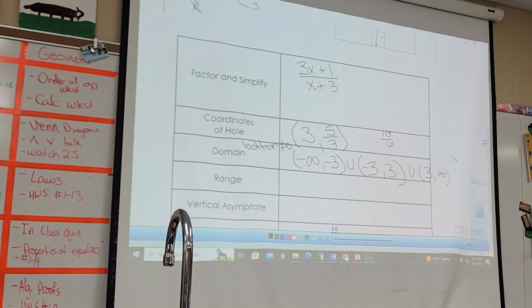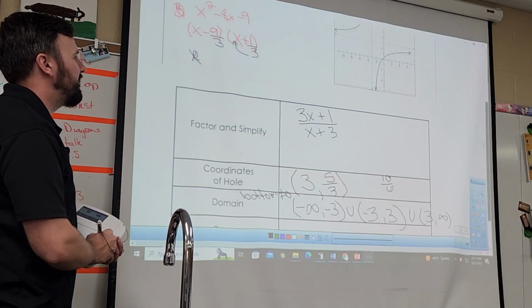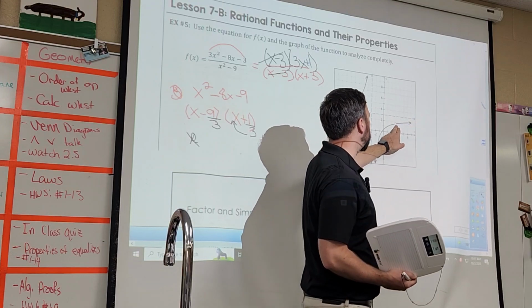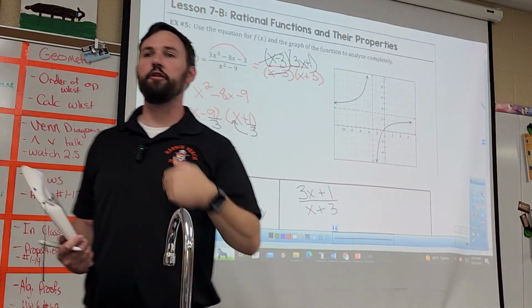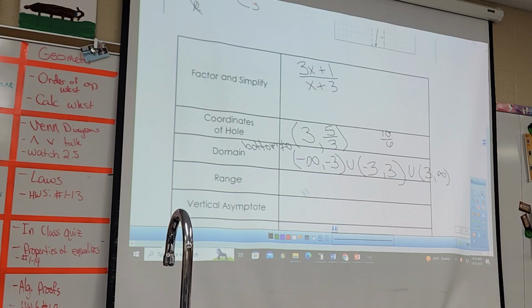Now for the range, what am I looking at, my x or my y? So what can't y be? Y can't be 3 and it can't be 5/3. So I have to jump over those points for my range.